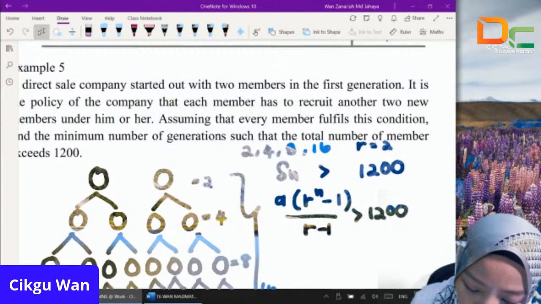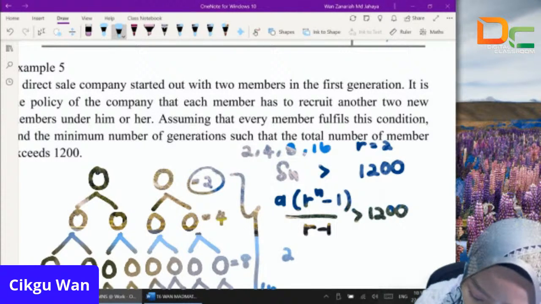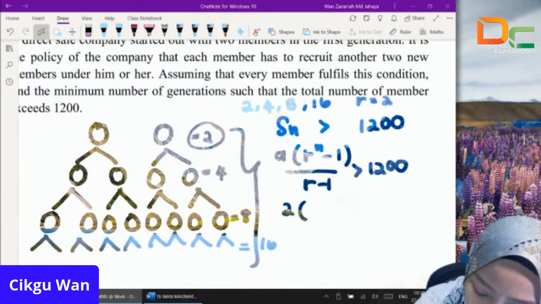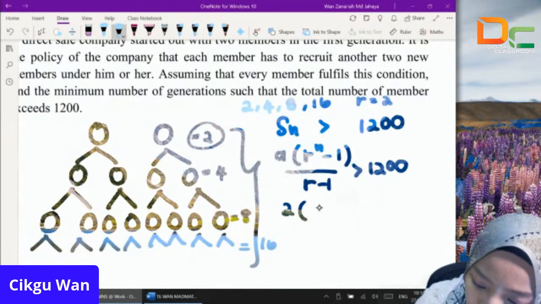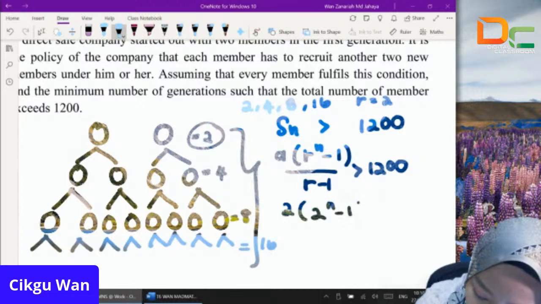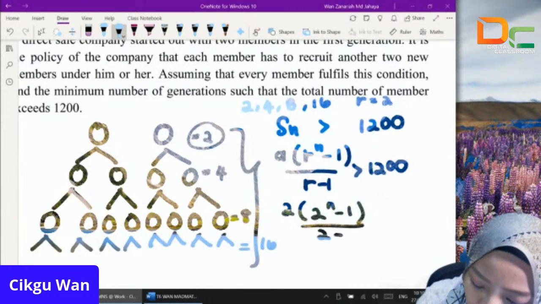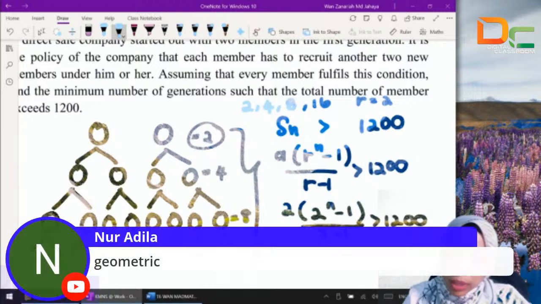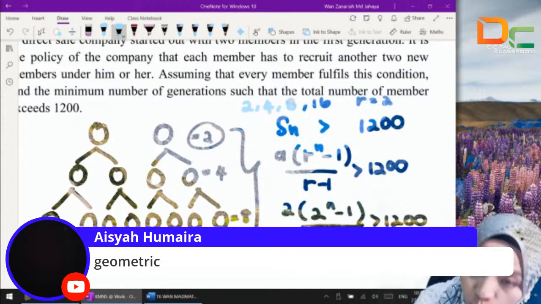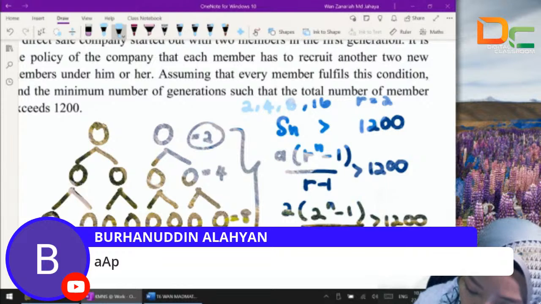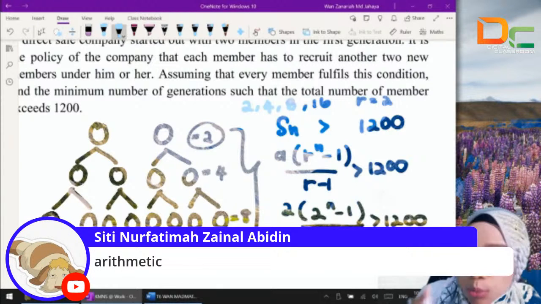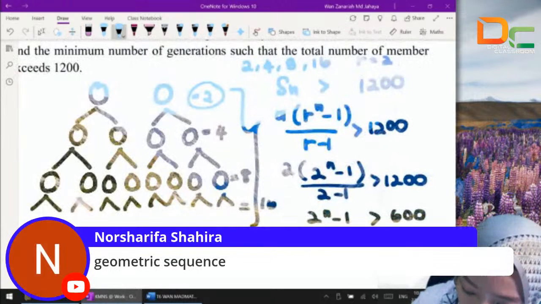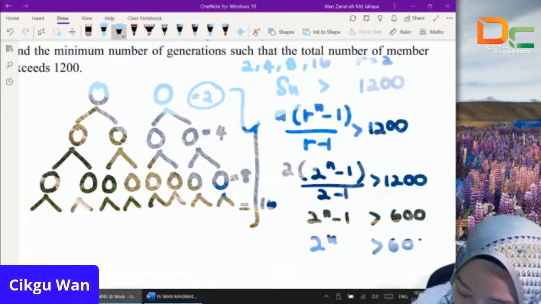Our a in this case starts with 2, and r is 2. So 2(2^n minus 1) over 2 minus 1 is greater than 1200. 2 minus 1 is 1. 1200 divided by 2 is 600. So 2^n is greater than 601.